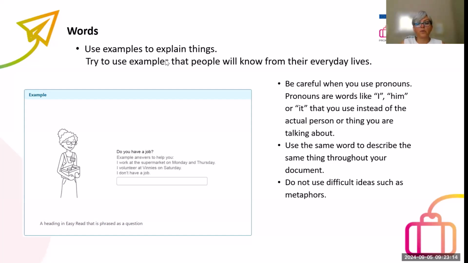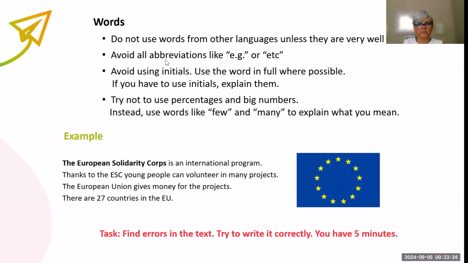It is also very important to use the same words to describe the same thing throughout your document. So whenever you talk about the same thing or write about the same thing in the text, use the same word to describe it. It is also very important to avoid difficult ideas such as metaphors, which are really difficult for people with intellectual disability to understand.